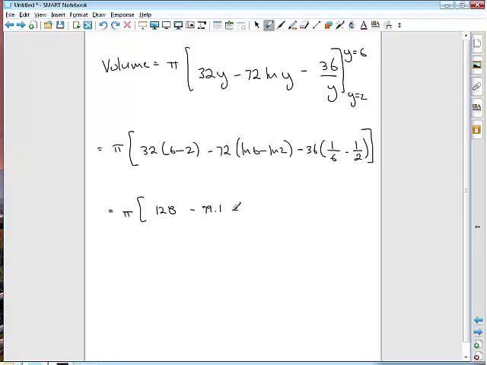And then finally we get 1/6 minus 1/2, which should be negative 1/3. So negative 1/3 times negative 36 is positive 12.